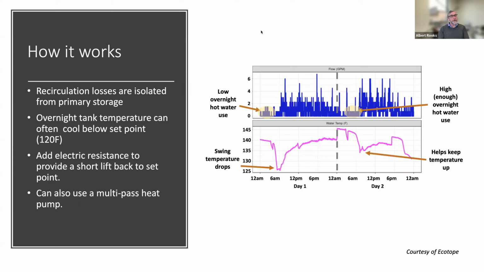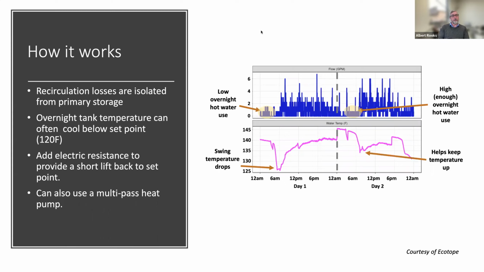And as there's no draw on the building, the recirculation losses start taking over, and we can see that tank temperature drop all the way down to 125. In some cases, it can drop below 125. It's just a function of how many losses and the volume of the tank and the duration of the cycle. And so what we see is going straight up, we can start seeing a draw on the building. So as we see a draw on the building, and in these conditions, the electric resistance may come on, it may not, it's still above 125 degrees Fahrenheit, but this is indicative of the condition.